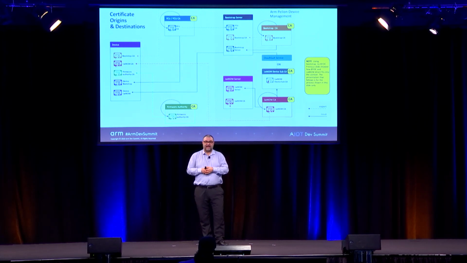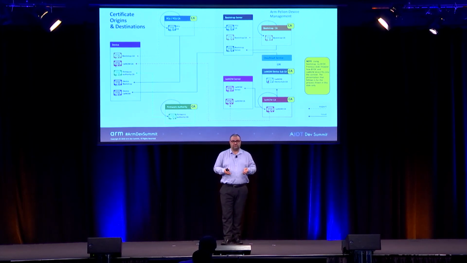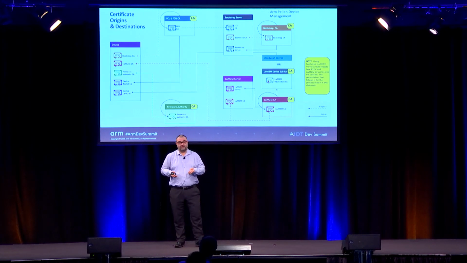And the way that we prove it is we have a CA, and the certificate from that CA goes onto the device during factory provisioning. So then when a firmware update gets sent, you send a thing called a manifest to the device, and the manifest is signed by that firmware authority certification authority. So your device will then be able to determine whether this is legitimate or non-legitimate firmware that's being sent to it over the air. Okay.